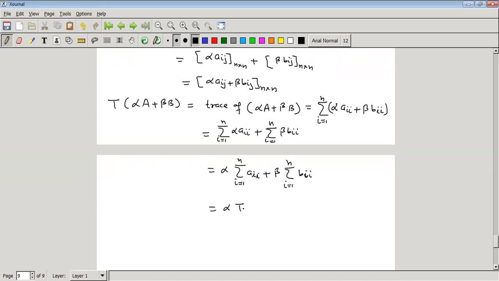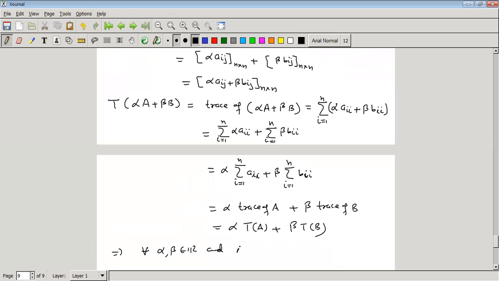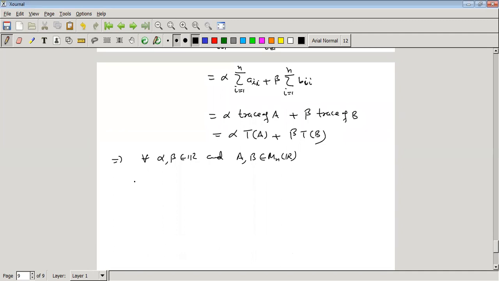So it is alpha times the trace of A plus beta times the trace of B, and trace of A means T of A, and trace of B means T of B. So for any alpha, beta in R and A, B in Mn R, matrices of order n cross n over R, T of alpha A plus beta B is equal to alpha times T of A plus beta times T of B. Hence, T is a linear functional because T is a mapping from a vector space to the field.